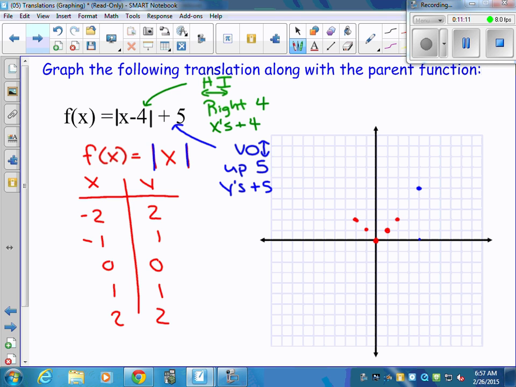I move that center point first, and then every point moves in accordance with that. 1, 2, 3, 4 to the right, 1, 2, 3, 4, 5 up, and then we can complete the graph from there.